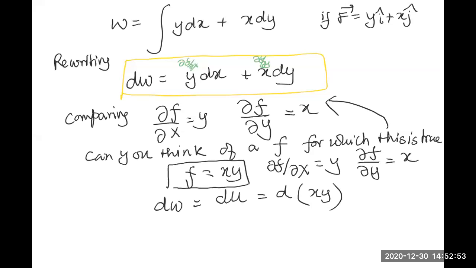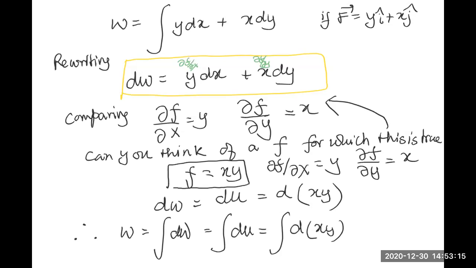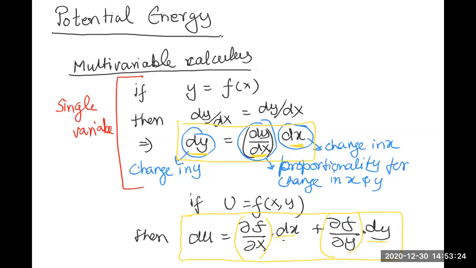Therefore, work done, which is integral of dw, which is now integral of du, which is integral of dxy, that is the value of u, right? u is this function of xy. du is equal to del f by del x dx plus del f by del y dy.